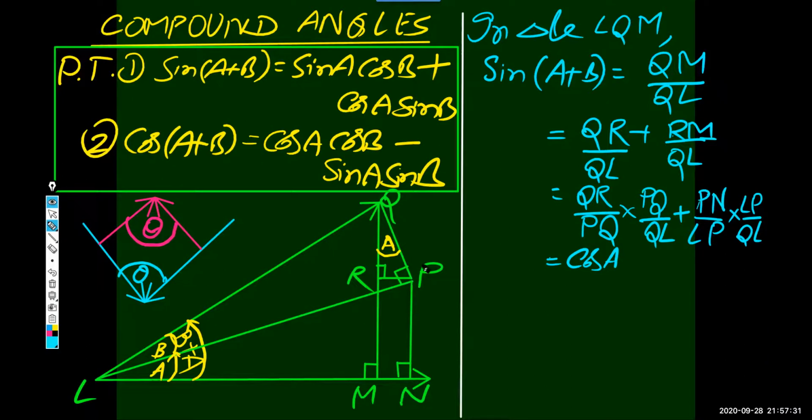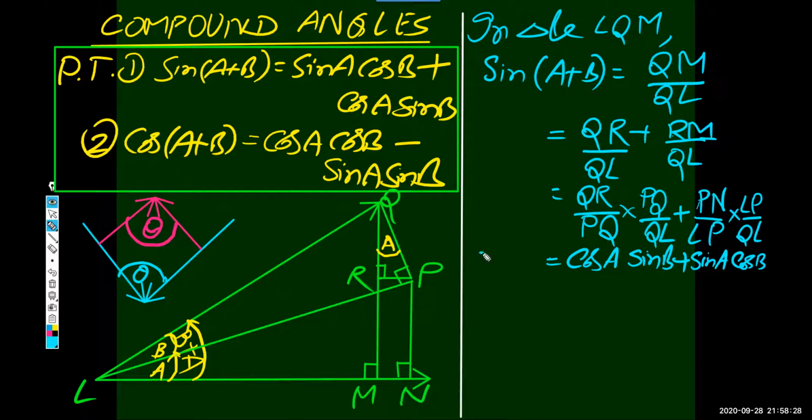This is a right angle triangle, and angle B is there. PQ is the opposite side to angle B, so that's sine B. Plus PN by LP, which I have put as sine A. Then LP by QL is cos B. Correct. It is done.